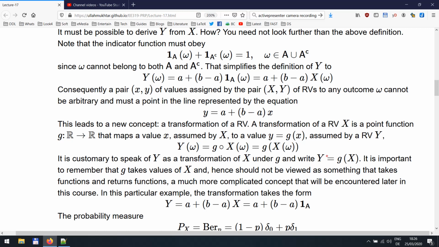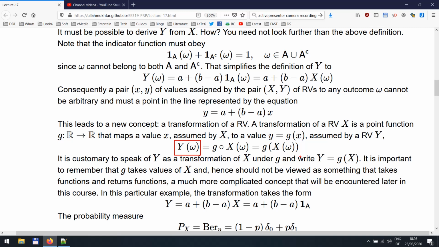To see it more clearly, the value assigned to any point omega by the new random variable y is simply obtained in two steps. You first assign a value to that point by x, so you just find out what x has assigned to it, and then you take that value, remember the value, not the random variable, the value, and then you apply the transformation g to that.